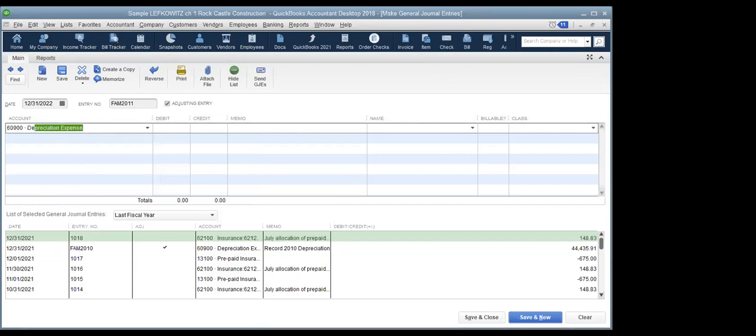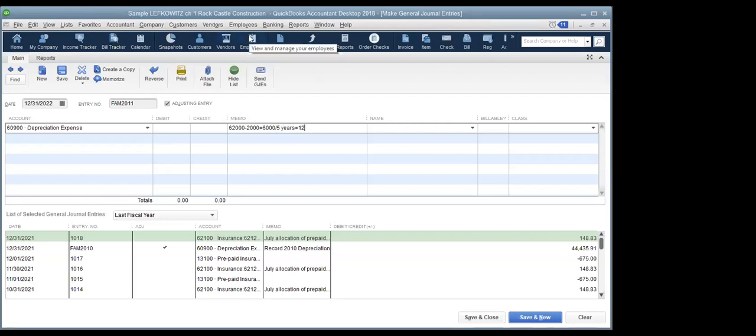So the first entry is depreciation expense. And I could do this math over here if you want. 62,000 minus 2,000 equals 60,000. And we're going to divide by 5 years. And we got 12,000.